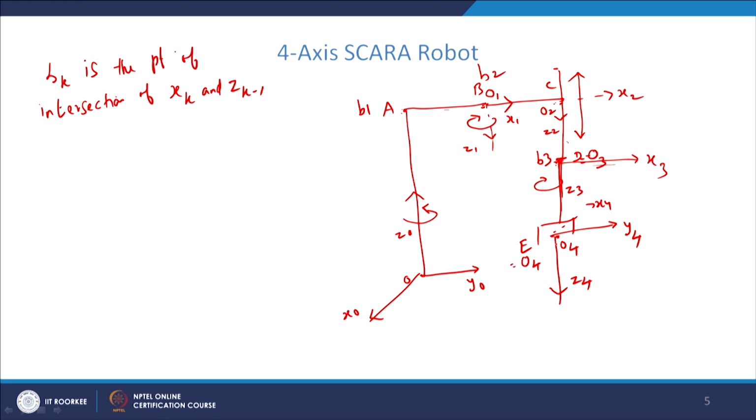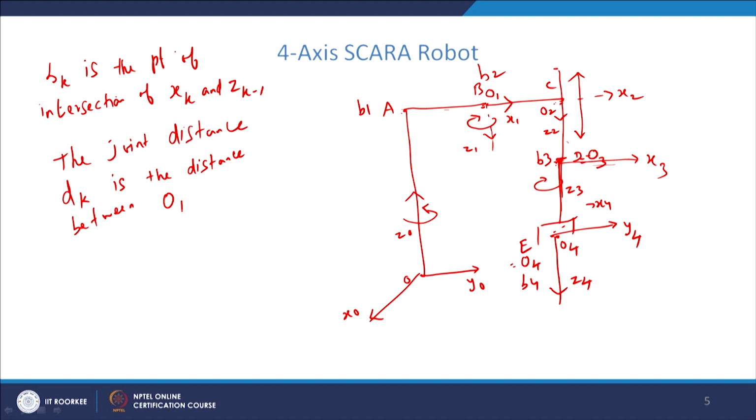So, this point is called B3. Similarly, the last point we can call it as B4, the O4 is called B4. So, this point is important to find the joint distance. Joint distance dk is the distance between Ok minus 1 and Bk.